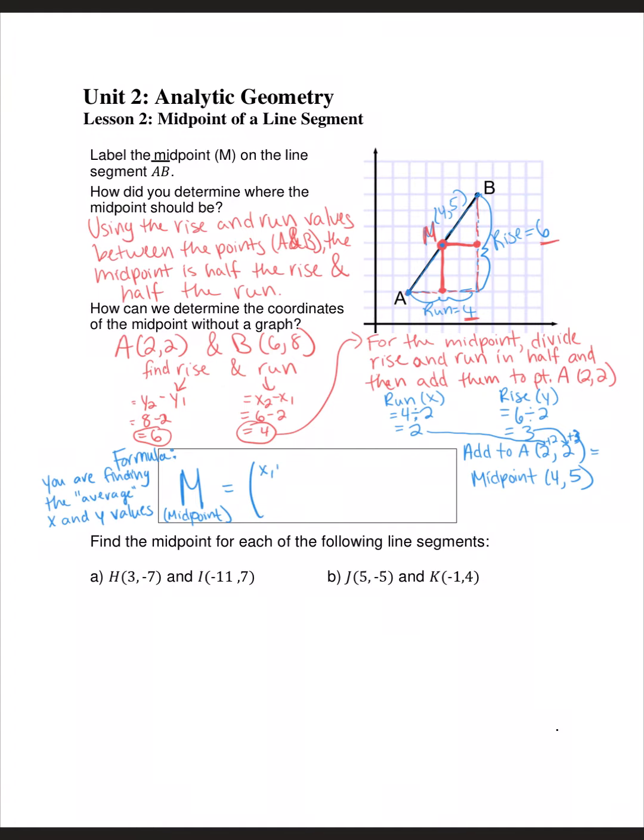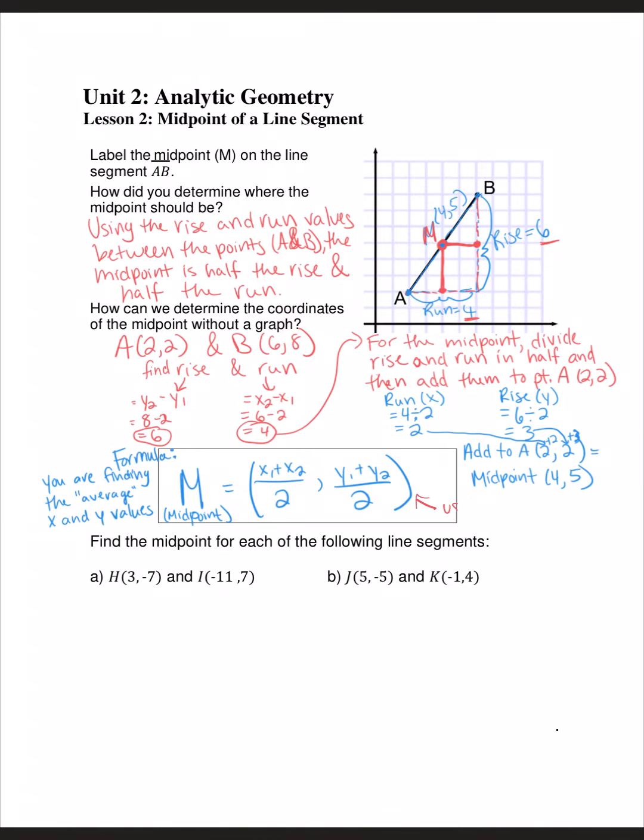So midpoint is going to equal, well, when I was finding the average of my run, I was basically taking my x1 plus my x2 and then dividing by 2. That's taking the average of those two values. And then for my rise, I was taking my y1 and my y2, adding them together, and again dividing by 2. And I just want to point out why we use brackets here.